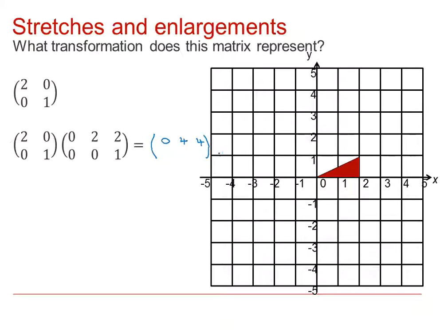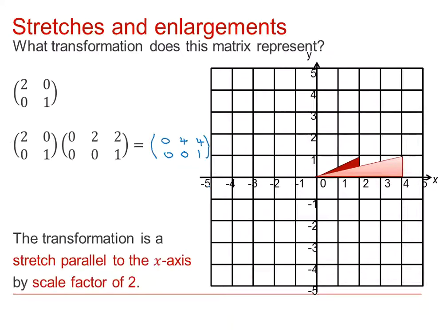Then multiplying 0, 1 by each of the columns of the second matrix will give me 0, 0, 1. And if I plot those 3 points to create the image, we can see that the transformation is a stretch parallel to the x-axis by a scale factor of 2. And that's what that element 2 has produced.